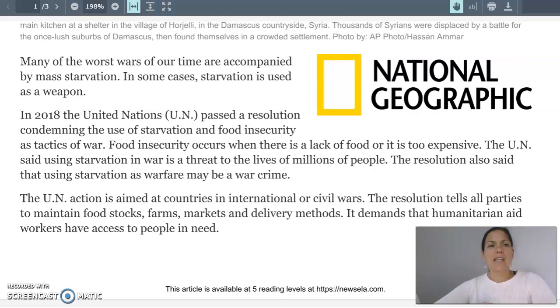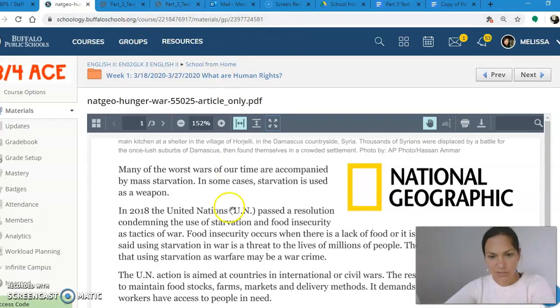So here in our opening paragraph, we see that starvation is used as a weapon. And if you recall, in the second paragraph here, it said that the UN said that the use of starvation and food insecurity could not be used as tactics for war. That would be a war crime. So I am going to use that as my evidence over here.